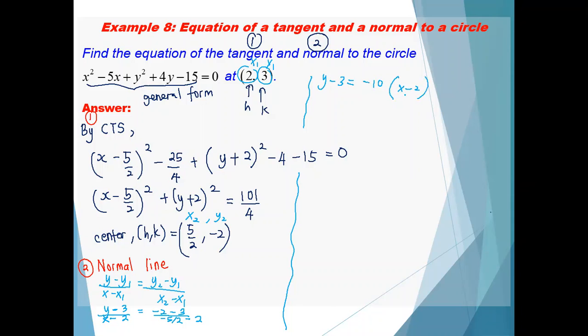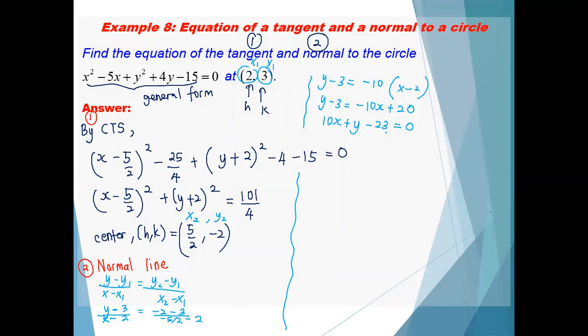Okay, so y minus 3 equal to negative 10x plus 20. So, okay, rearrange, kita akan dapat 10x plus y minus 23 is equal to 0.